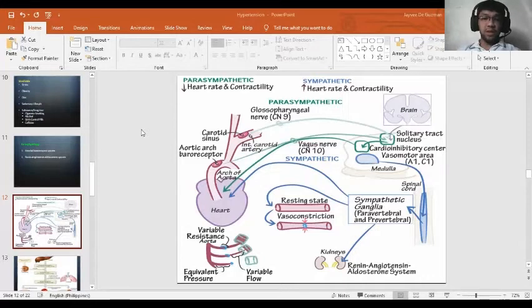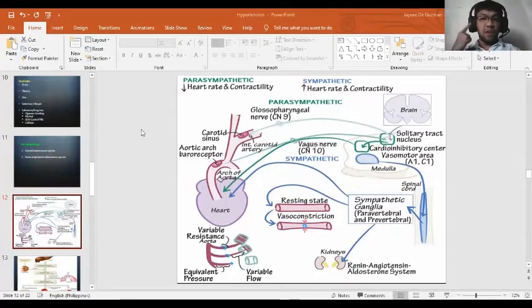So, let's say, for example, there is an increase in blood pressure brought about by sympathetic nervous system stimulation. The baroreceptors are the ones that are going to detect it and tell the brain that there is an increase in the blood pressure. It's going to relay that information.